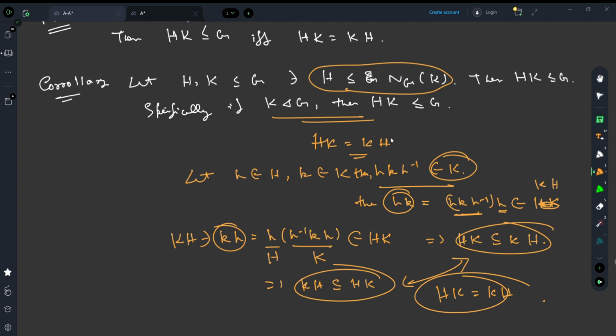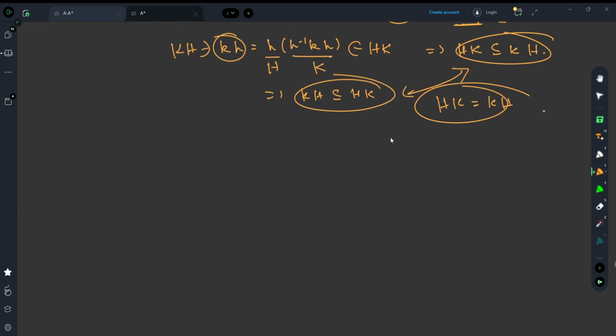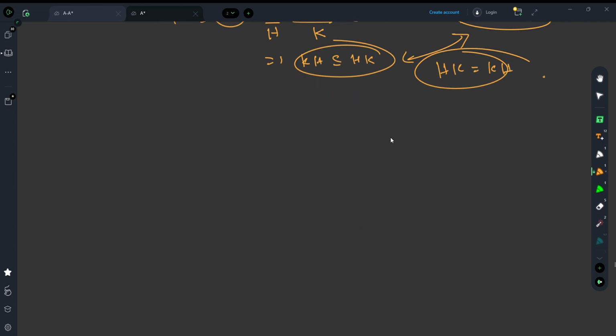So this condition immediately gives us a very important definition of a set normalizing a subgroup.